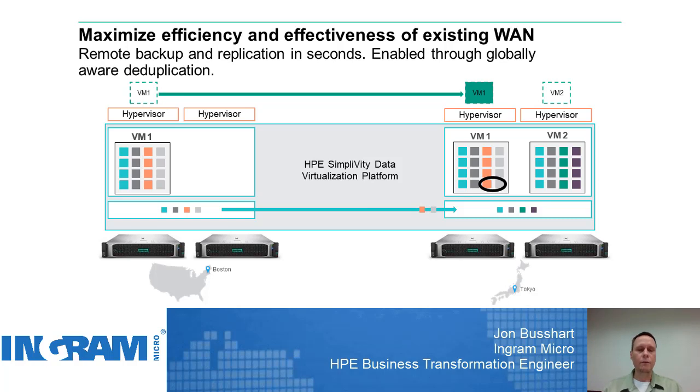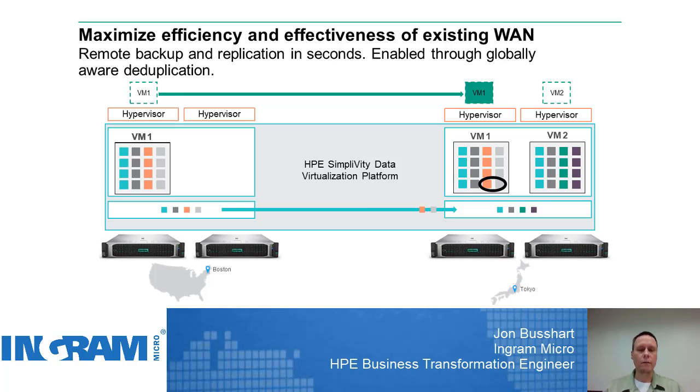If I needed to replicate VM1 from site 1 to site 2, site 2 would examine what duplicate blocks of data already exist at the secondary site, and make a request only for the blocks that don't exist. That's represented by the orange and light gray blocks, and only that information would be sent across the wire in a deduplicated and compressed fashion.